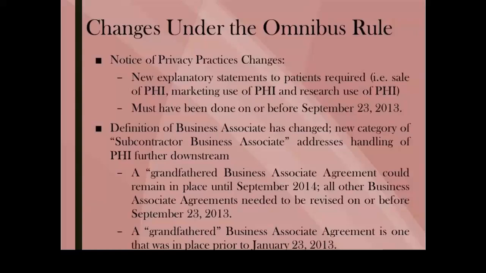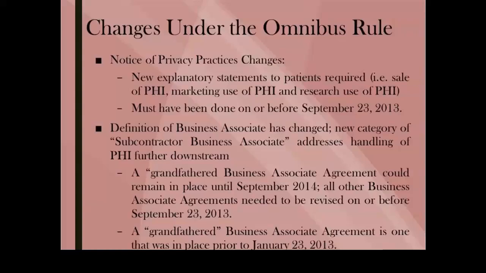Additional changes under the omnibus rule: the definition of a business associate has changed. A business associate, for those who don't know, is anyone that you contract with to provide services to your covered entity. So this is not employees, not owners, but anyone you contract with to provide services to your covered entity who is going to have more than incidental access to PHI.